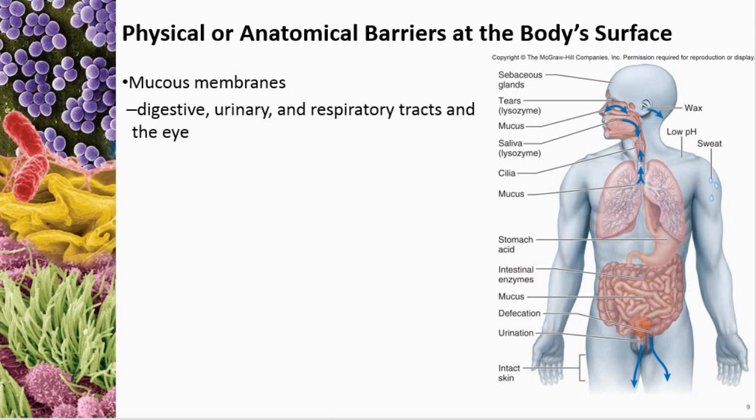So mucus keeps these microbes from being able to penetrate through it because it's just a layer of mucus, and keeps them from being able to attach to the actual epithelial tissue.